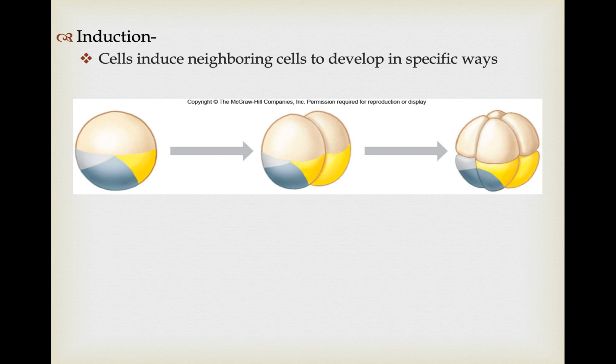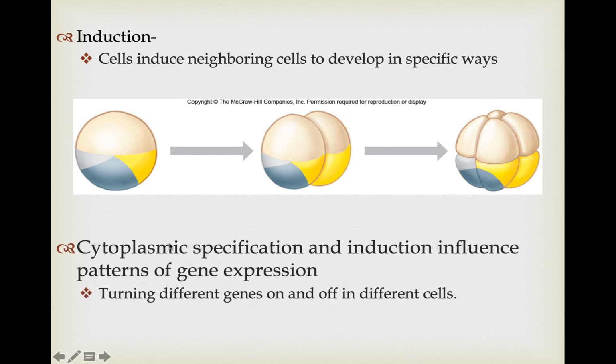We call that induction. Induction is how cells communicate and induce each other to express genes in different ways. So cytoplasmic specification and induction influence differential patterns of gene expression, turning different genes on and off at different rates in different cells.